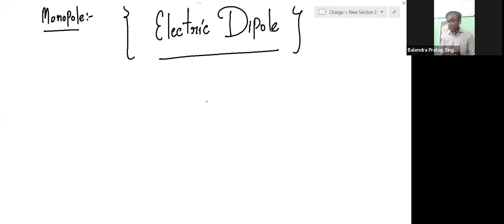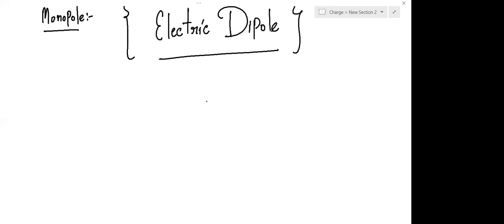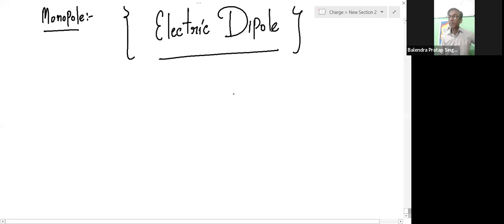Or relative permittivity? Both are the same thing. K is a ratio of absolute permittivity and permittivity of free space. In this way, you define dielectric constant K.